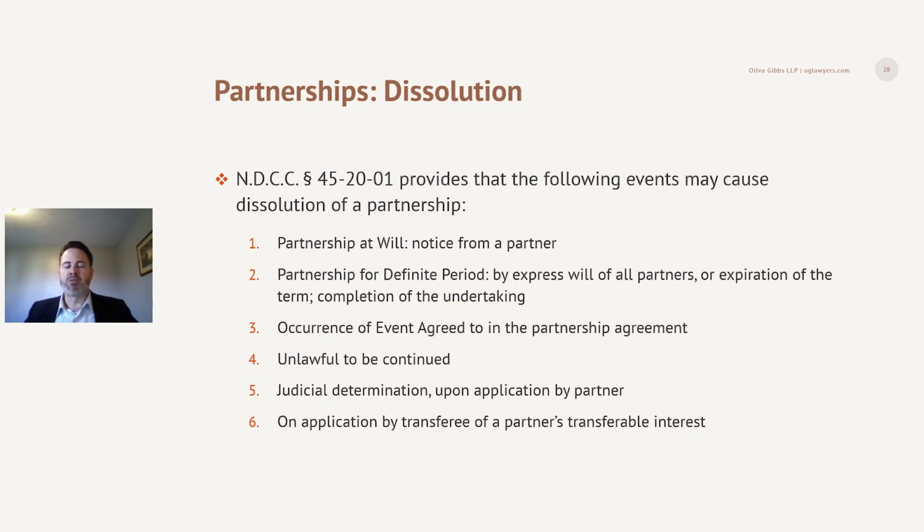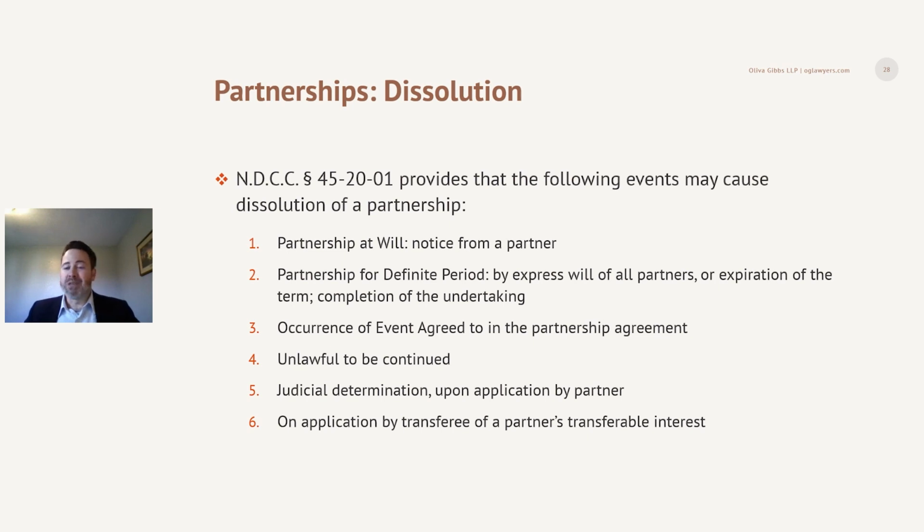What would cause dissolution of the partnership to occur? Section 45-20.01 provides the following list of events, among others, that may trigger the dissolution of a partnership. So if one partner provides notice to the other of his intent to dissolve, that can trigger dissolution. If the undertaking for which the partnership was formed is now completed, such that there's no further purpose to the partnership, that could trigger the dissolving of the partnership.